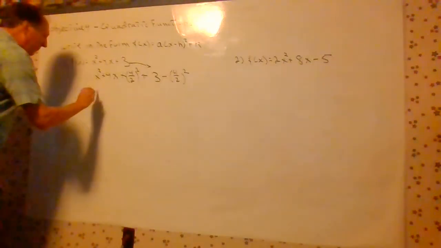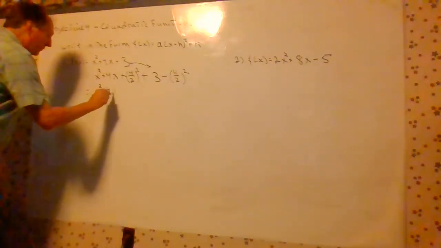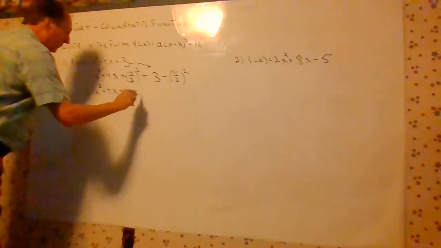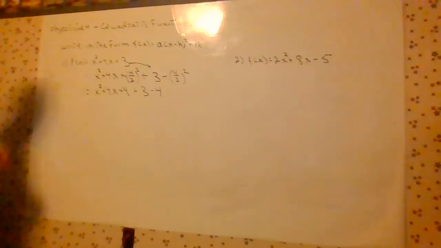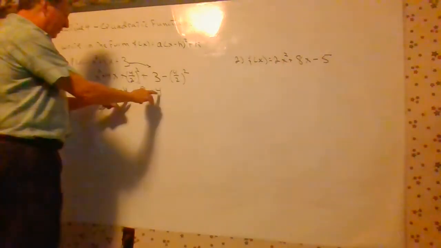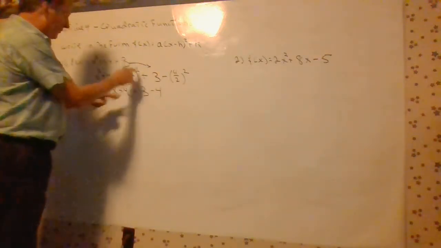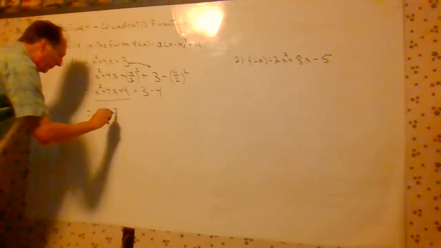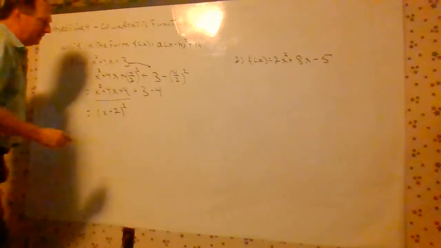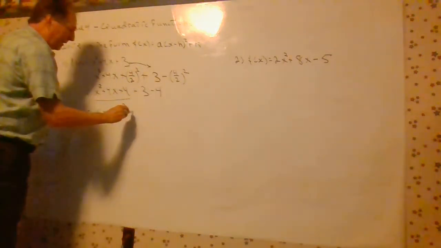That gives us x squared plus 4x plus 4 plus 3 minus 4. If you look at the totality of this function, 4 minus 4 cancels, and that could take us back to the original function. But the important thing is we want this group together, and this factors as x plus 2 squared, and then 3 minus 4 is negative 1.